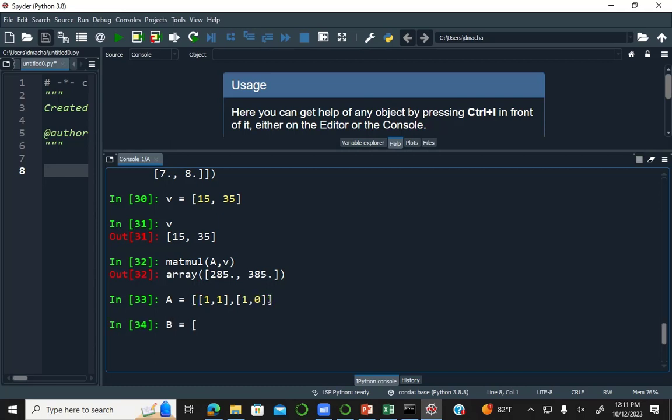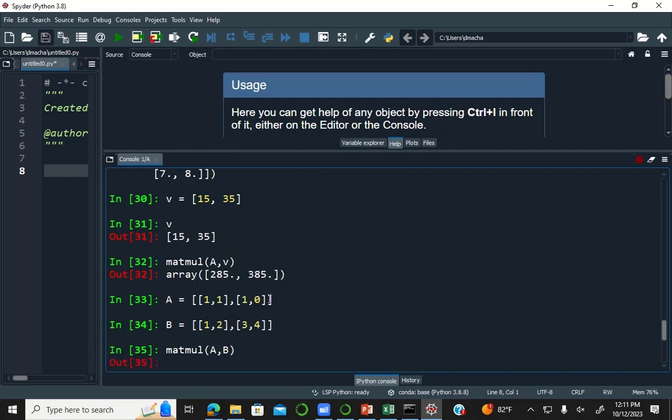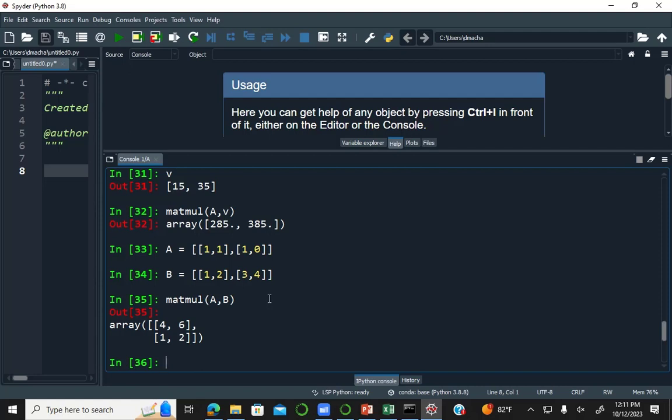The matrix B is that matrix 1, 2, 3, 4. That's how I tell Python what A and B are. And then if I want their product, I just have to tell Python matmul for matrix multiplication, A comma B, and then it will tell me what their matrix product is, right? So that's why computers are good.